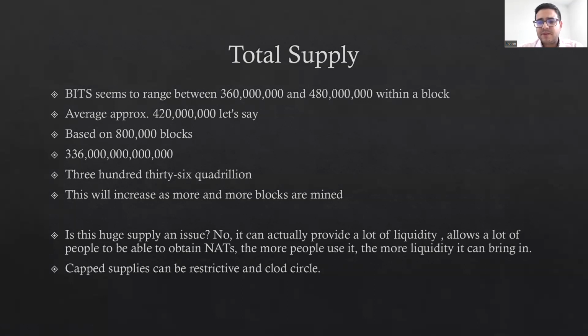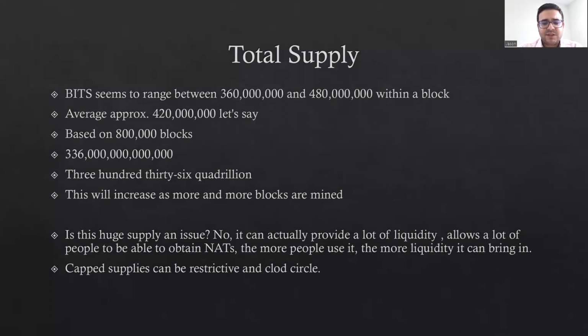That's a huge supply, but this is just my take, my opinion. Everyone has their own opinion. So I've just put in that, yes, it is a huge supply, but I don't think it's an issue. I think it can provide a lot of liquidity, allows a lot of people to obtain NATs, and the more people that use it, the more liquidity it can bring into this space.